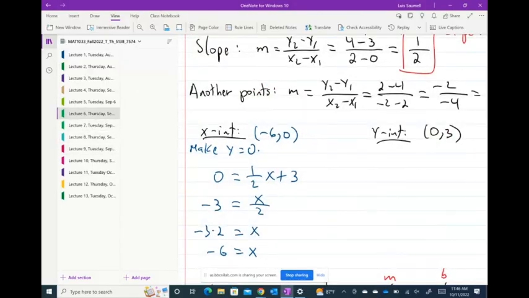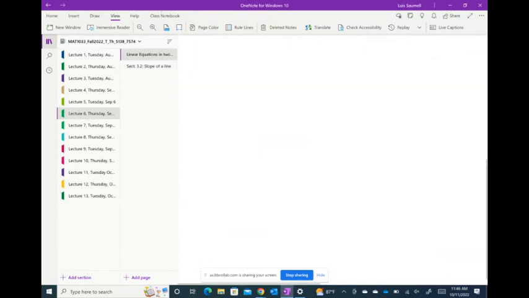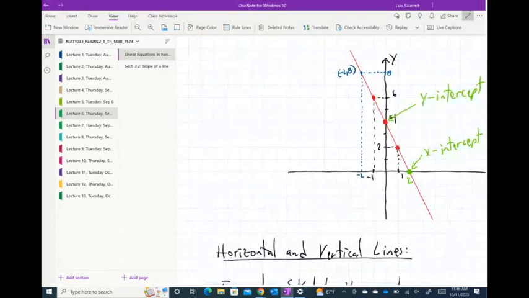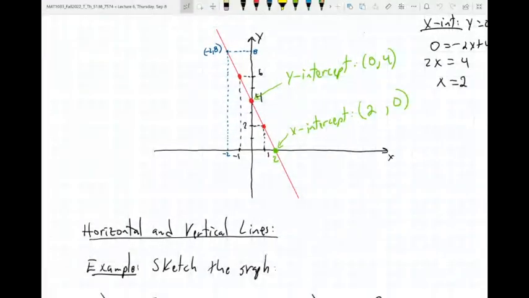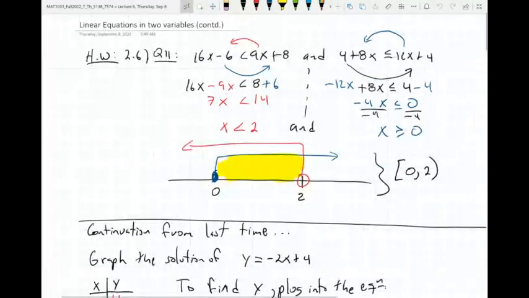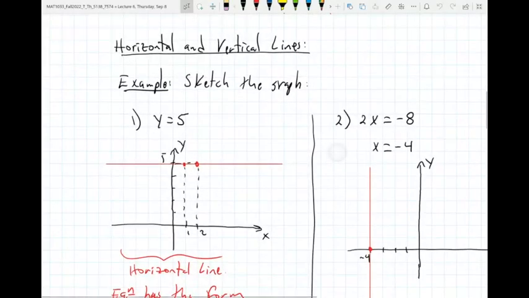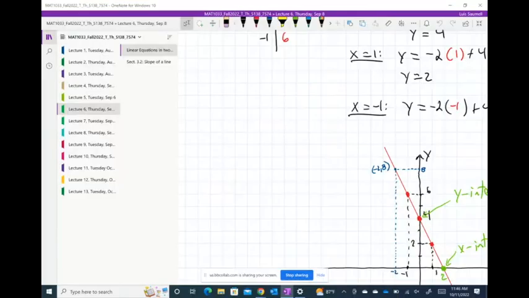It was some time ago. The very first thing that we did, I was talking about how to plot points and all of that business.